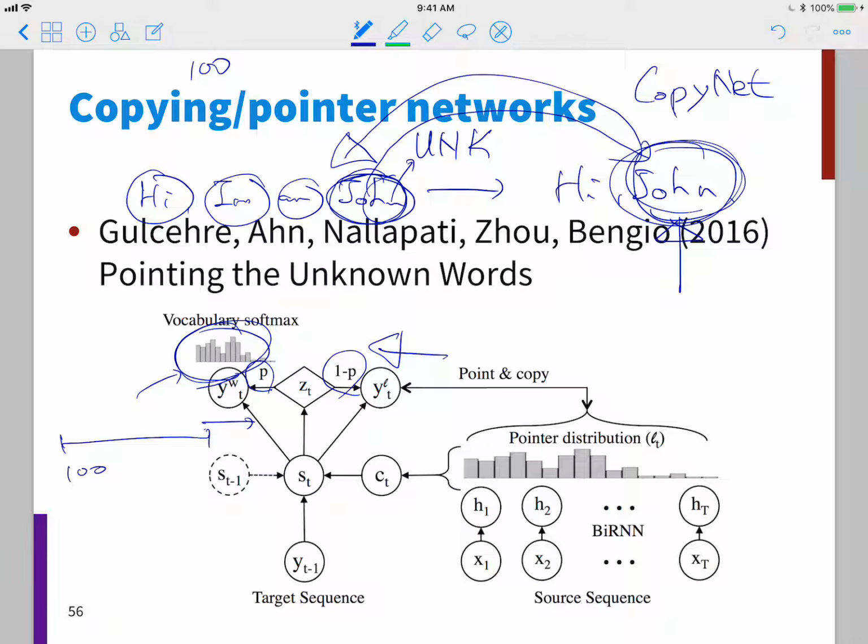And then we also think of the softmax distribution across the input sequence. Since we have 4 different keywords in the input sequence, we can construct a softmax vector across this input sequence.